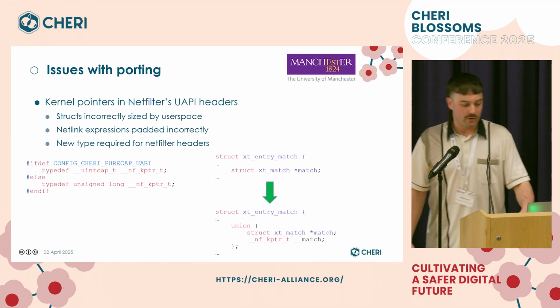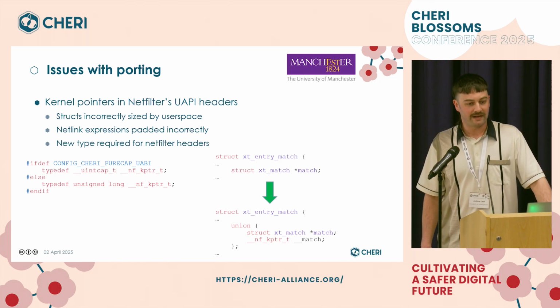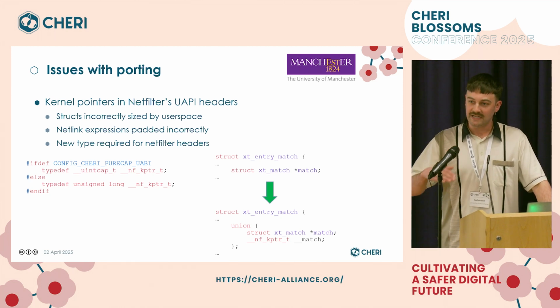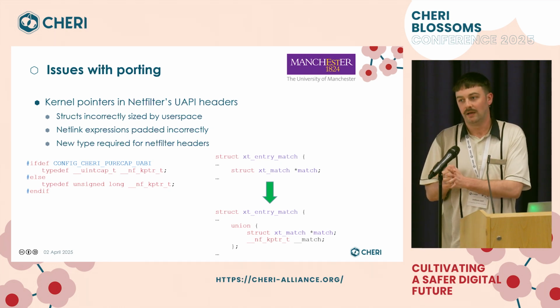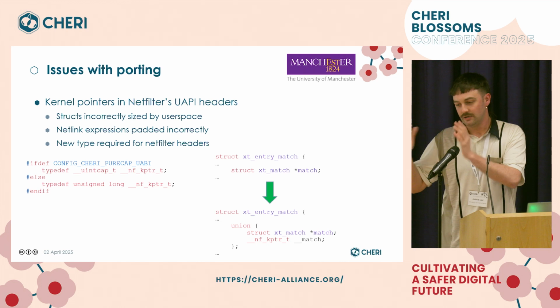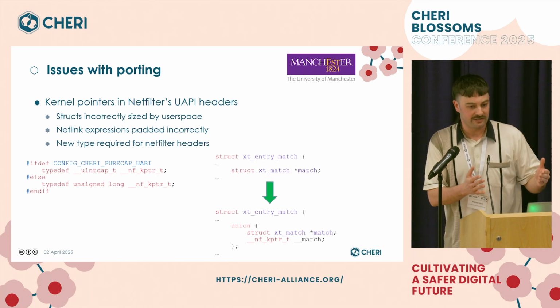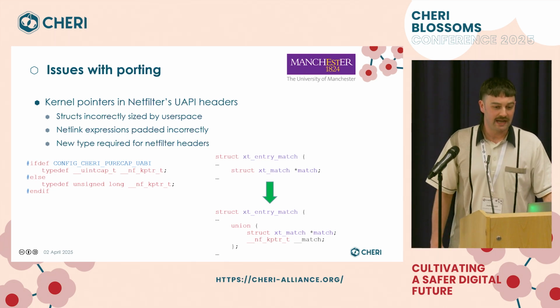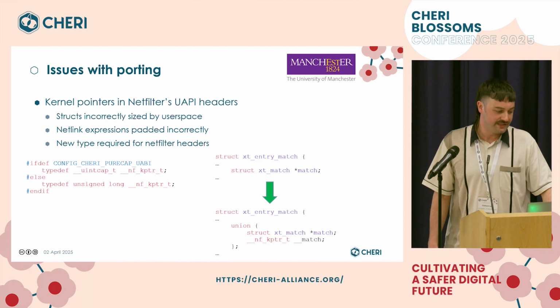Of the issues we saw with porting, the main one was that Netfilter in its user space API headers doesn't expose kernel pointers, but has placeholders for kernel pointers in there. In the hybrid ABI, the user space thinks these pointers are 128 bits, and in the kernel they're actually still 64 bits. This caused a discrepancy and weird padding problems and alignment issues with these netlink packets.